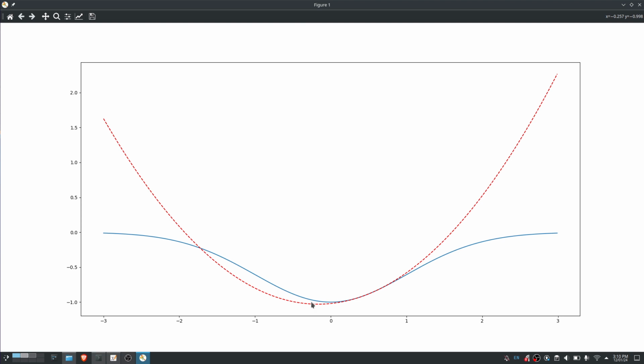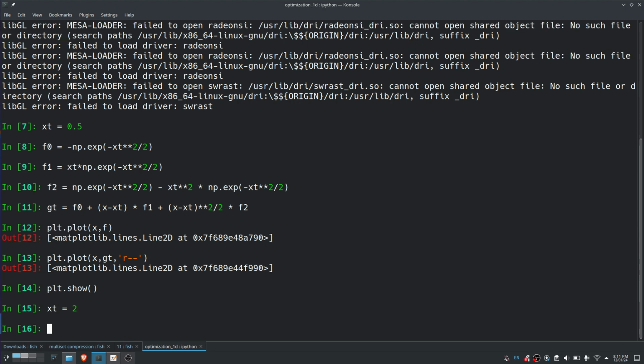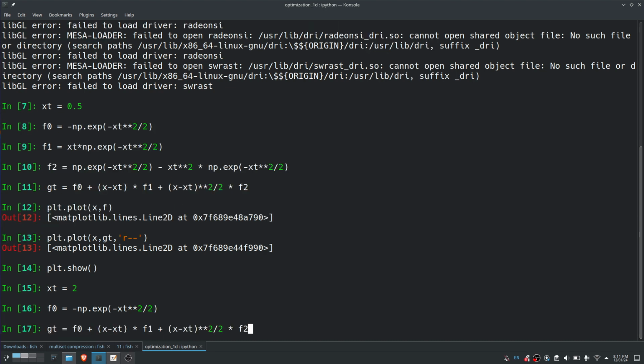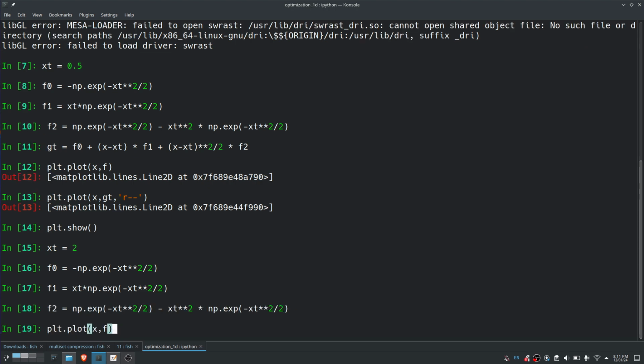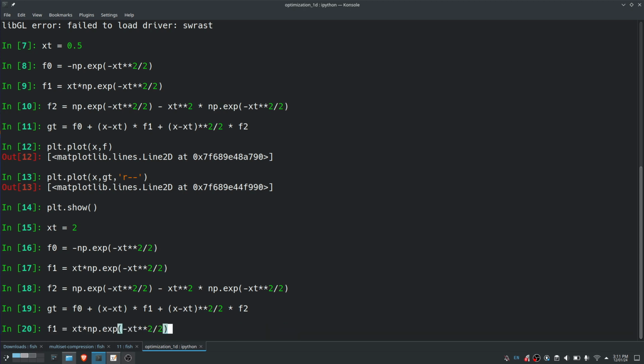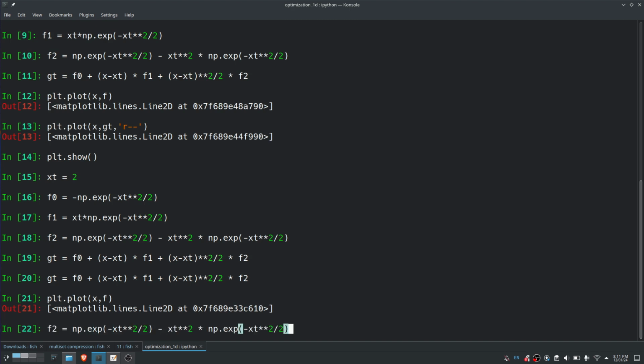Now let me take another point. Let's take xt to be equal to, say, 2. Now I'll evaluate all of these quantities once again: the function, the first derivative, the second derivative, as well as the function gt. And now let me plot this particular function gt.